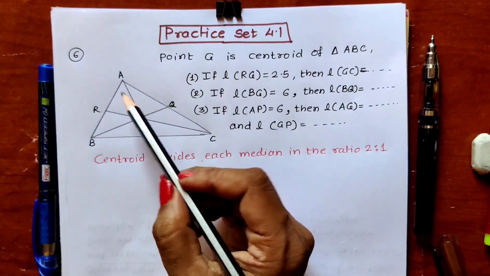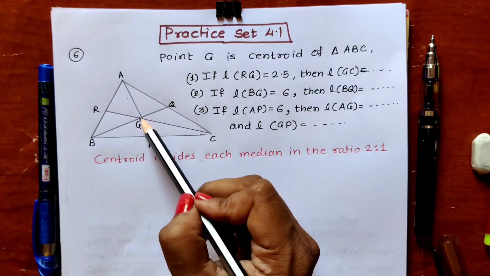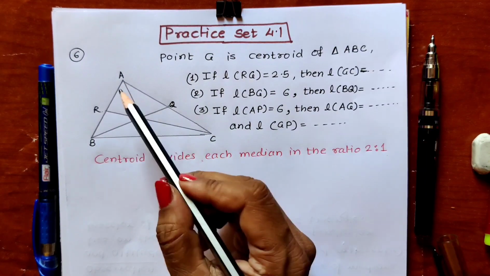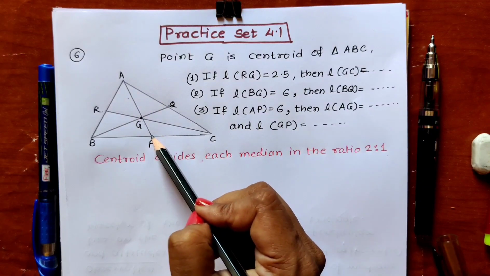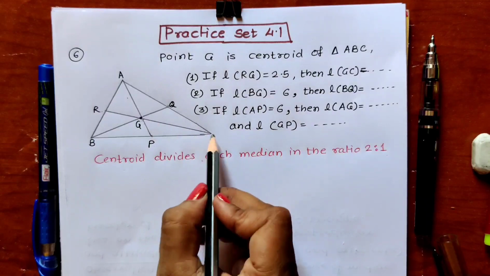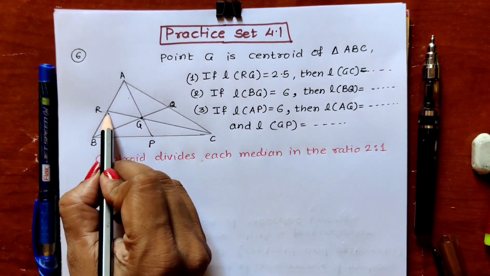So in all these three medians, if AG is 2, GP will be 1. If AG is 4, GP will be 2. If AG is 6, GP will be 3. That means this bigger part will be double the smaller part, and the smaller part will be half of the bigger part. Similarly, in this median CR, if CG is 2, GR will be 1.